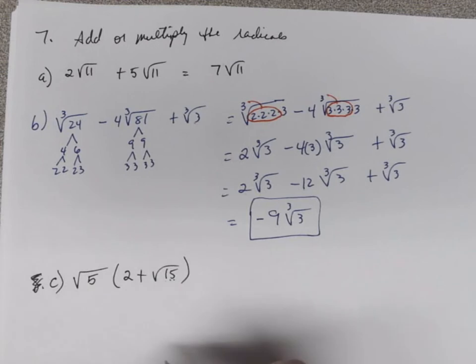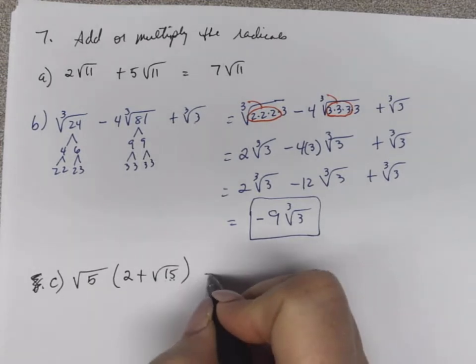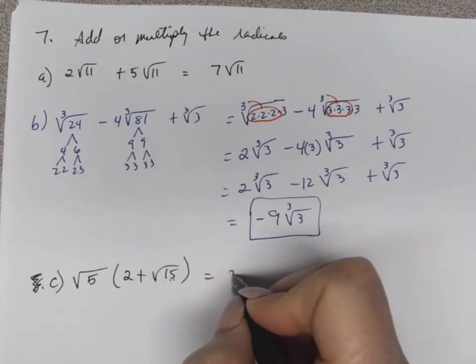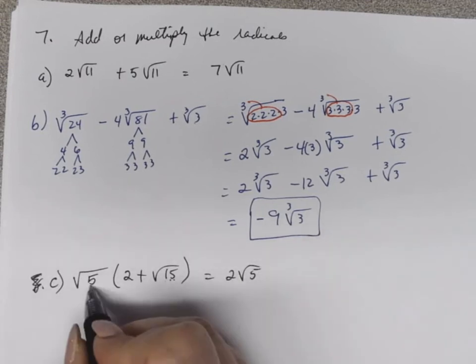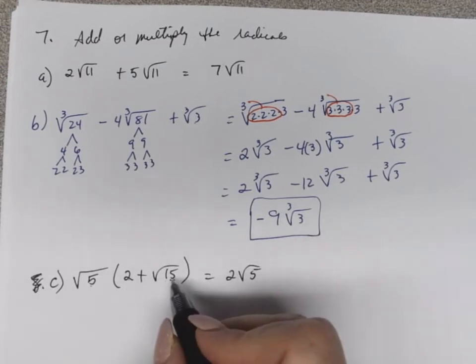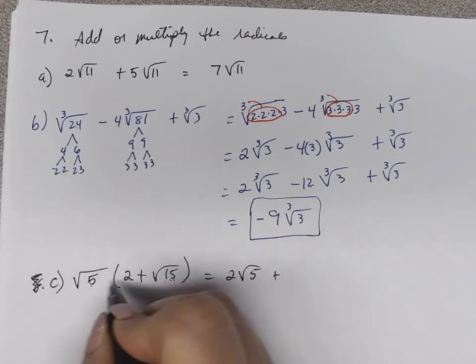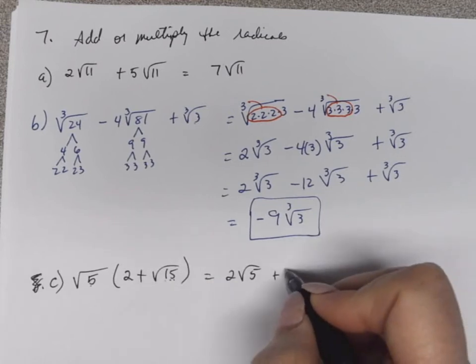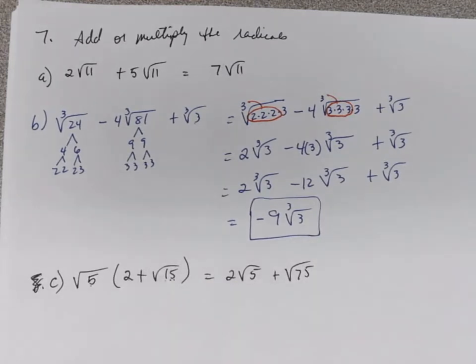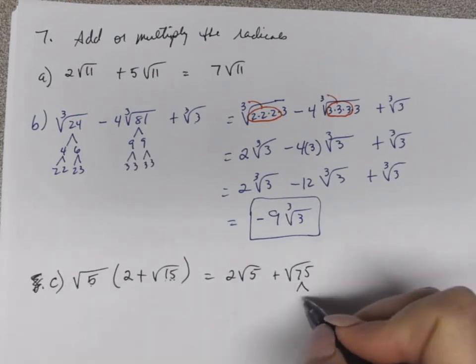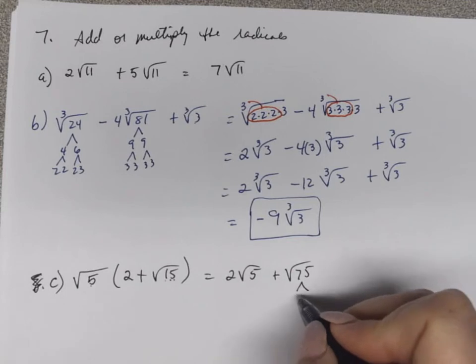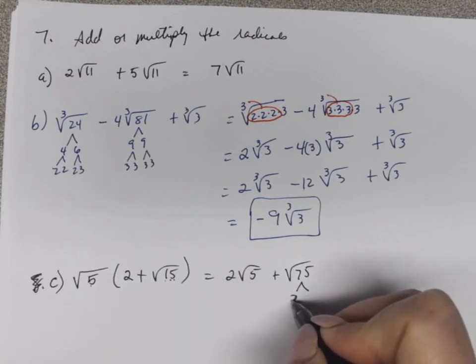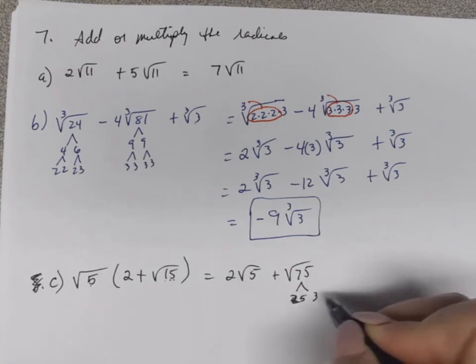So this will get us 2 times the square root of 5 will be 2 square roots of 5. Square root of 5 times square root of 15 is going to get us 5 times 15 is 75. And then we have to see if we can simplify it all. Well, square root of 5, 5 is a prime, so nothing's going to happen there. But 75, that's 3 times 25. Yeah, we can just do 25 times 3.